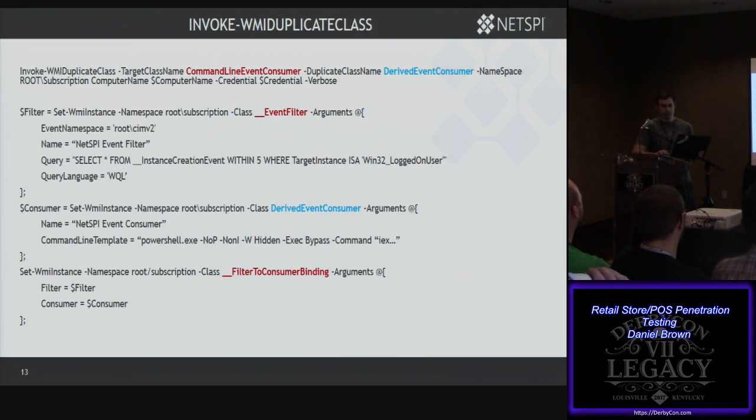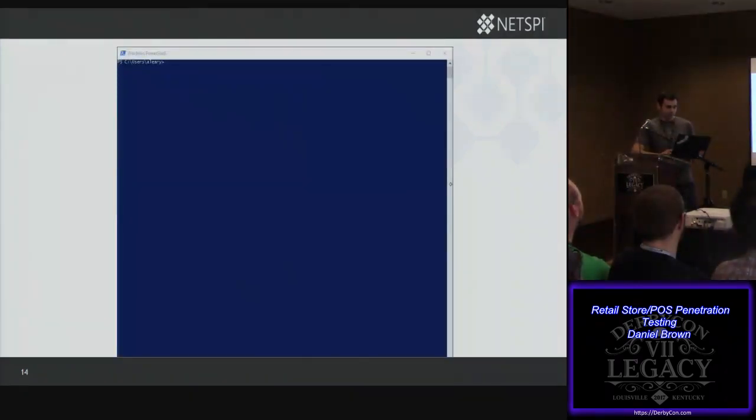Event filters are less easy to alert on in logging because there's a lot of legitimate applications that will use an event filter. There's a couple built-in ones related to the Windows event viewer or event log. In this example, I'm going to duplicate out the class for Win32_process.